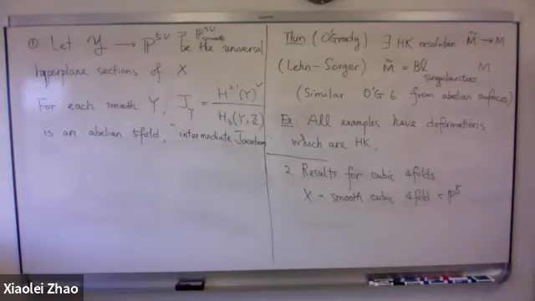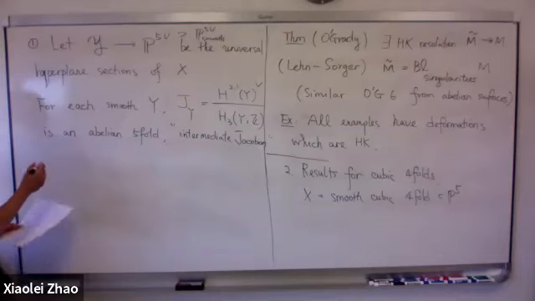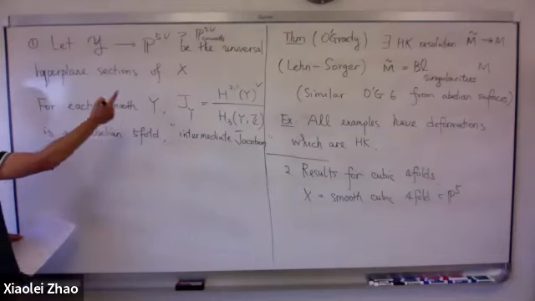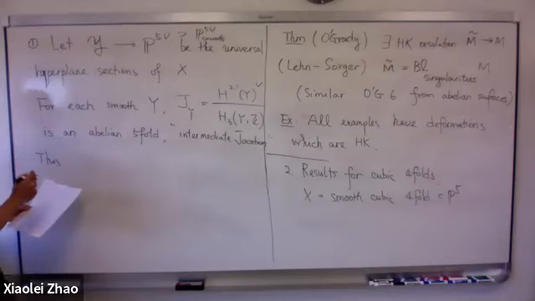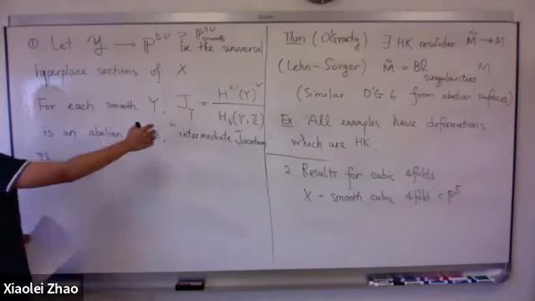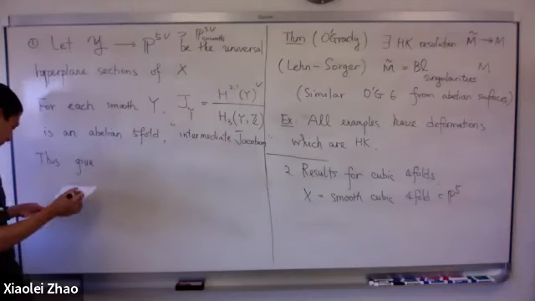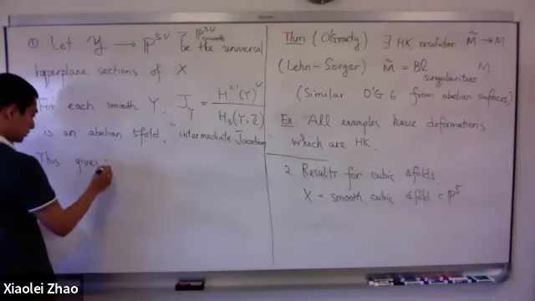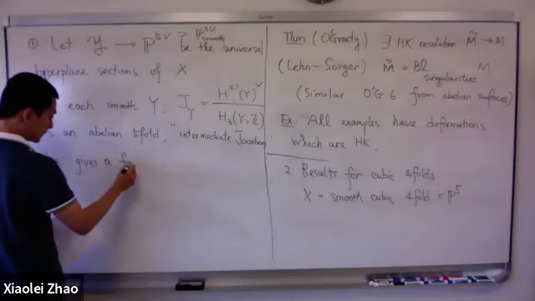This is a typical thing people consider associated to a cubic threefold. But what I'm doing now is that I don't want to consider just one of them; I want to consider them with respect to this family. In this situation, this thing comes naturally in a family, a holomorphic family. So this gives a family.